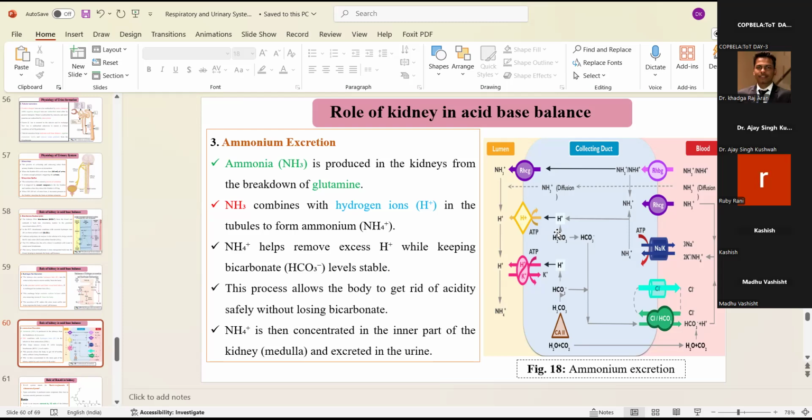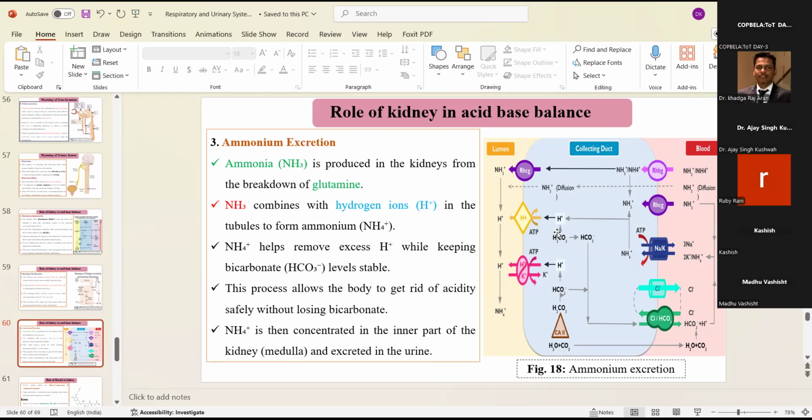Here what happens: ammonia is produced in the kidney by the breaking of glutamate and other amino acids. This ammonia binds with the hydrogen ion in the tubules and forms ammonium, that is NH4 plus.